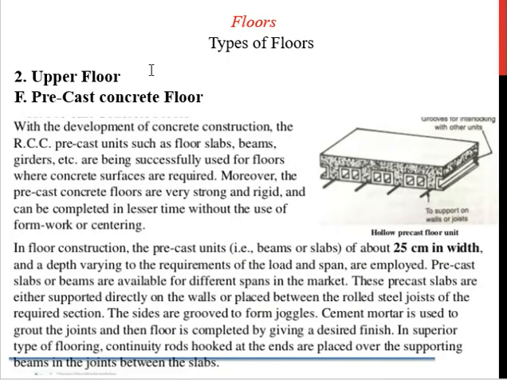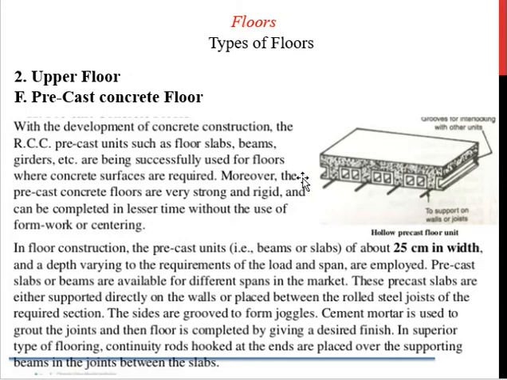Okay, and the last is the precast concrete floor. In the precast concrete floor, whatever concrete floor we need to place on the upper floor, we construct all those concrete floors in the factory, and then assemble those precast concrete pieces on the site.